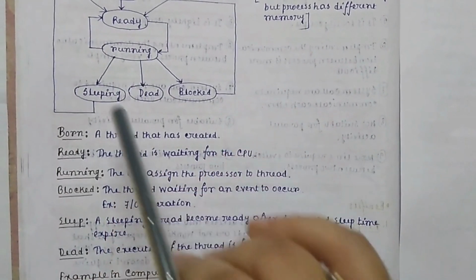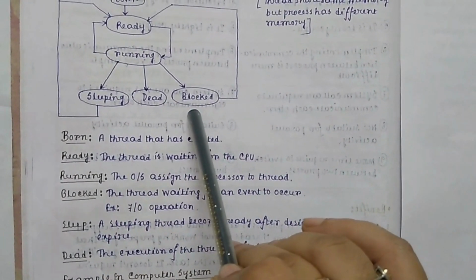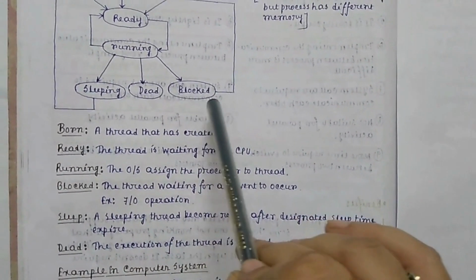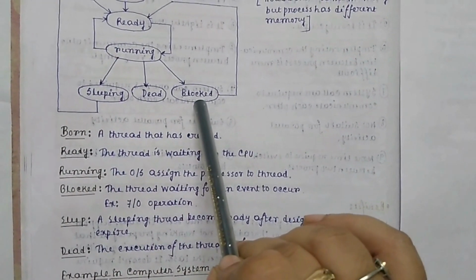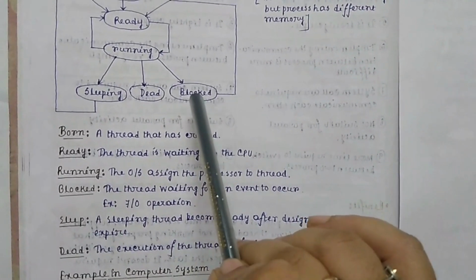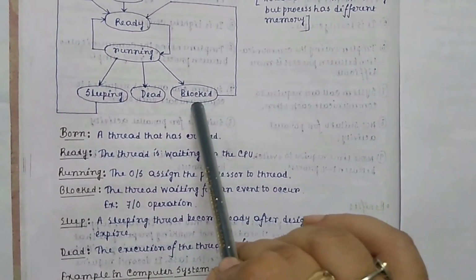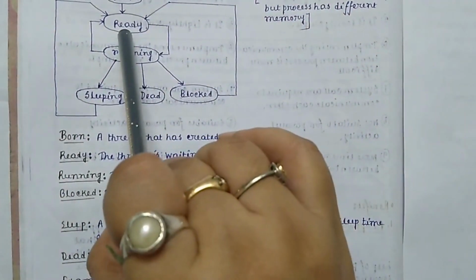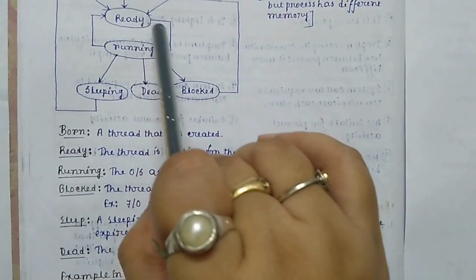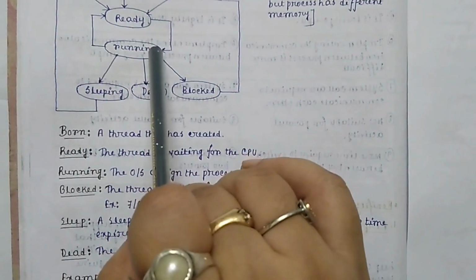Okay. And another stage is block. In block stage, here we see that the thread is waiting for some event. If the waiting is over, then it moves back to the ready stage again, and after ready it moves to the running stage.